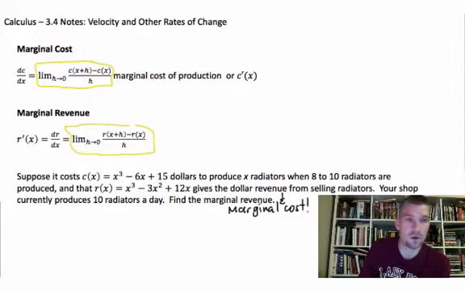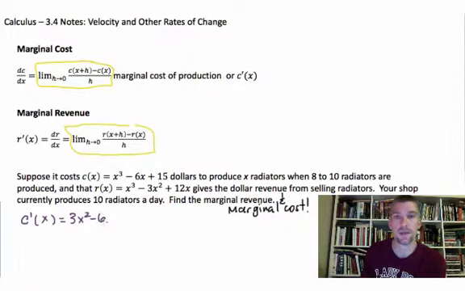And so marginal cost just simply means to find the derivative of the cost function. So C prime of x is going to be 3x squared minus 6. Now, what are we working with? We're working with 10 radiators. It tells us that. And so what do we want to do? We just want to know what C prime of 10 is going to be.